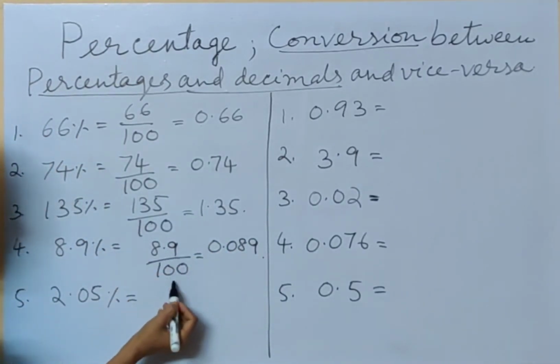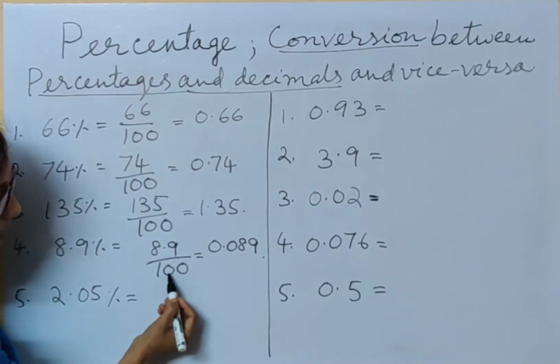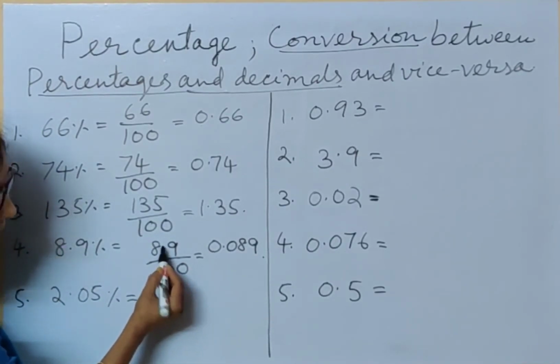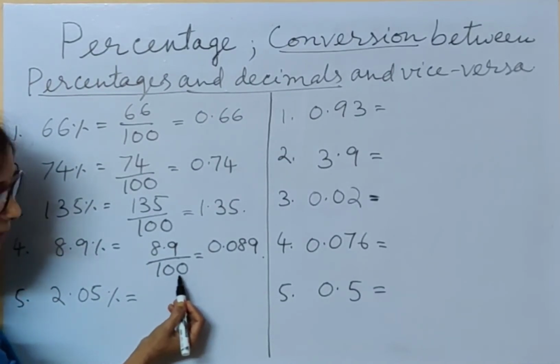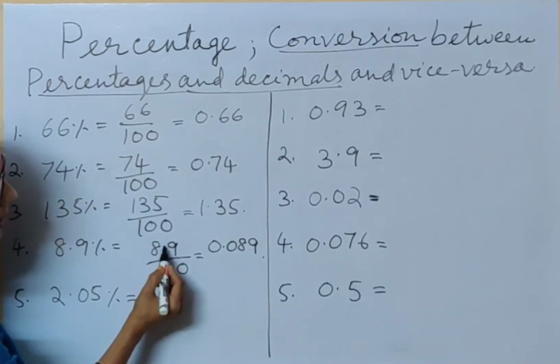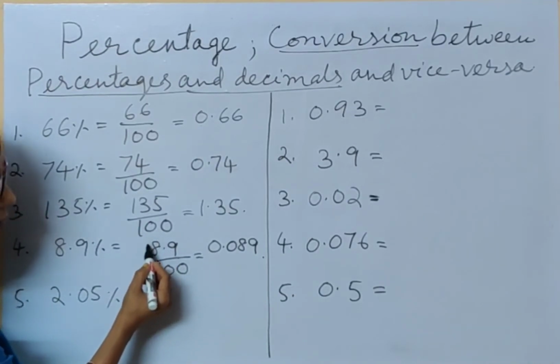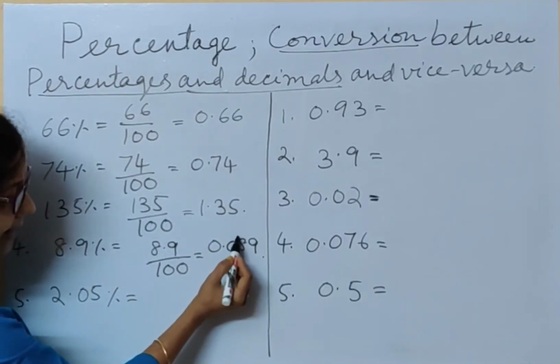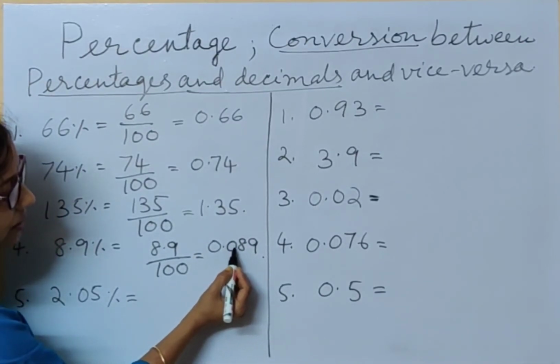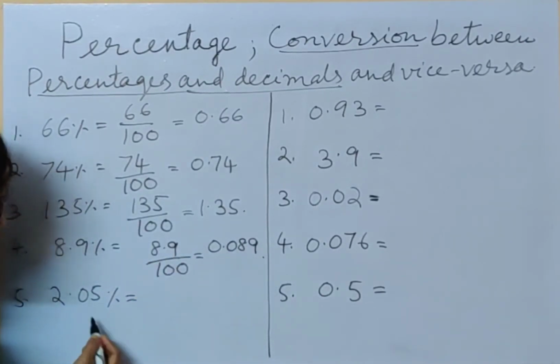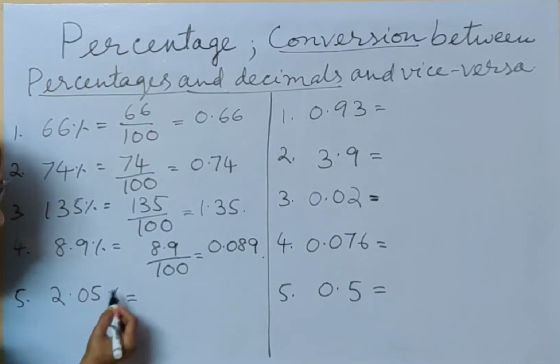You can see you already have a decimal point here, but below you have 2 zeros because you are dividing by 100. So the decimal point will move 2 places to the left. So 8, then 0, and then the decimal point. So 0.089. Now 2.05%.